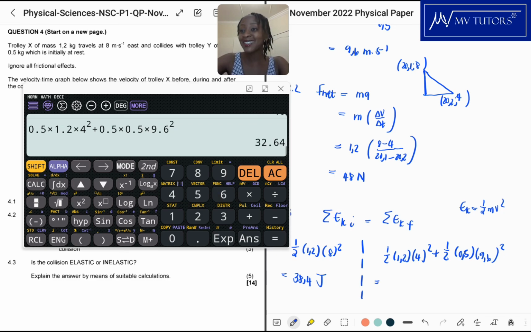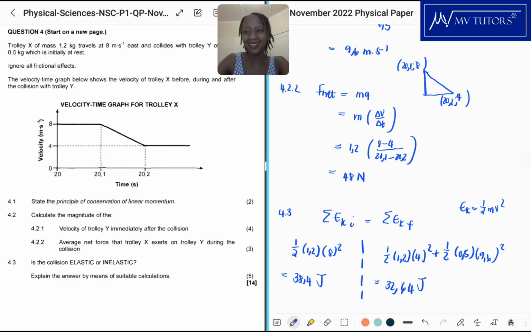I was wrong. These halves make a difference. I take that back. I saw the 9,6 and forgot that we have half times a half. But yes, I was right. It's inelastic. They're not the same.